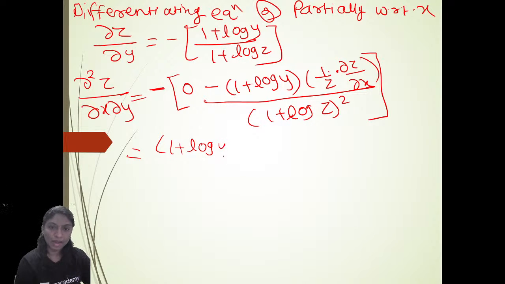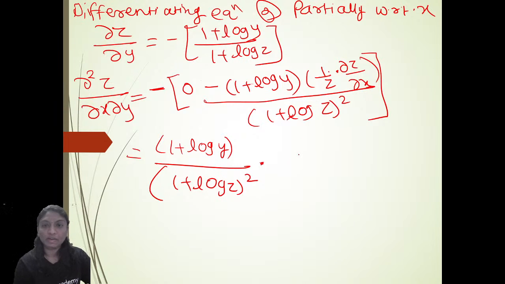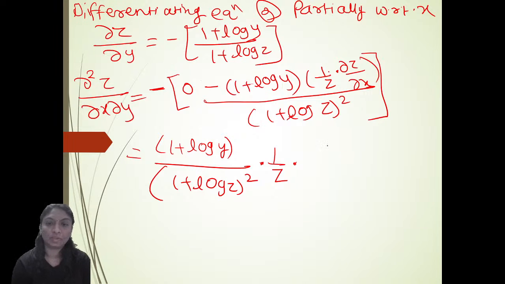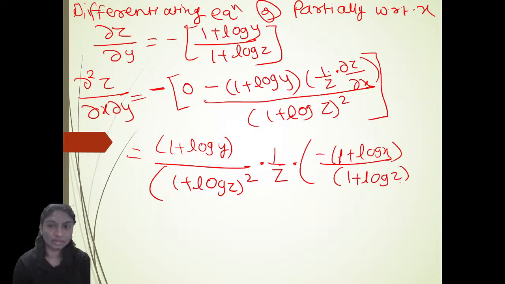Log y keep as it is, and this denominator you keep like this, (1 plus log z) bracket square into 1 by z, right? Here ∂z by ∂x is minus of 1 plus log x upon 1 plus log z. So into minus of 1 plus log x upon 1 plus log z, right? Now this will become clear.